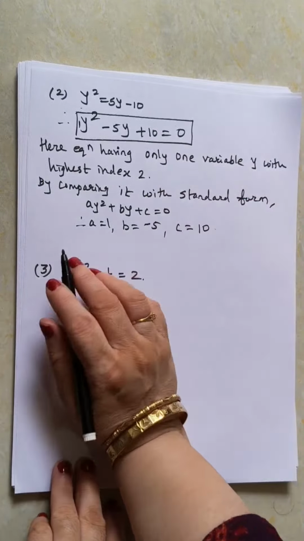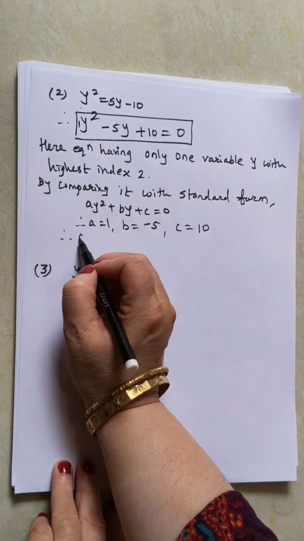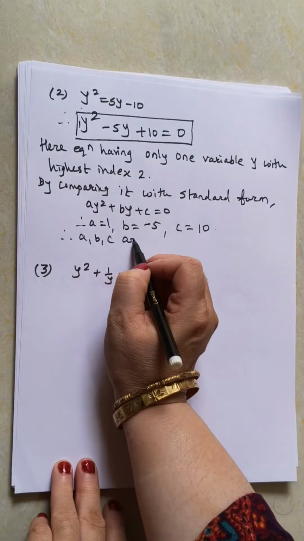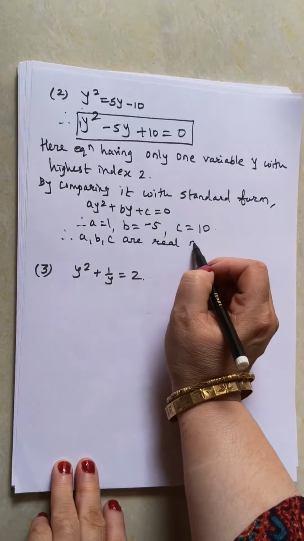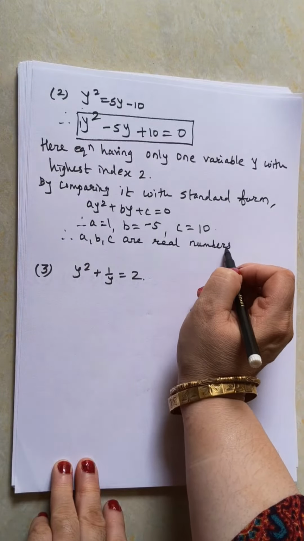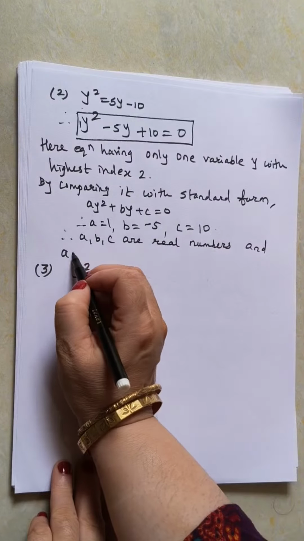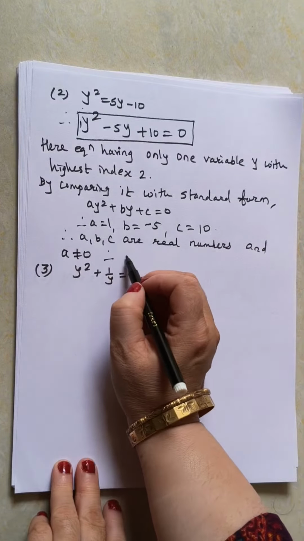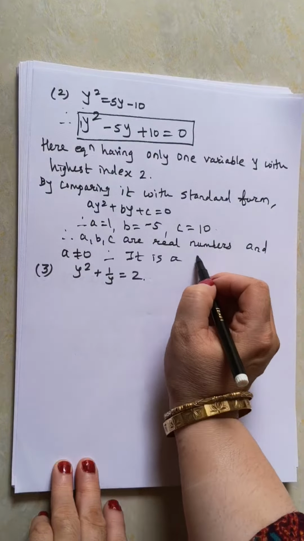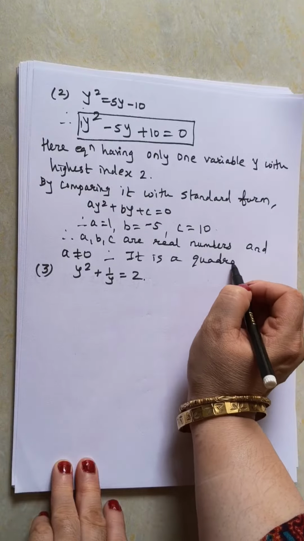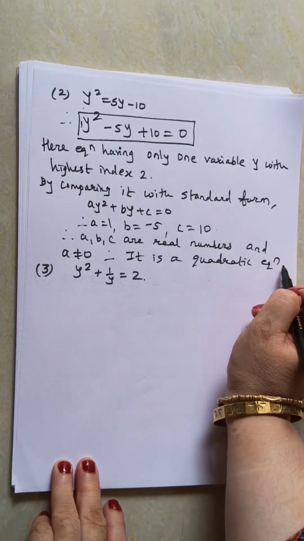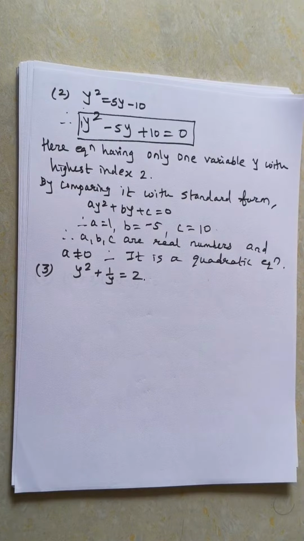So a, b, c are real numbers and a is not equals to 0. Therefore, it is a quadratic equation. Everybody understood?